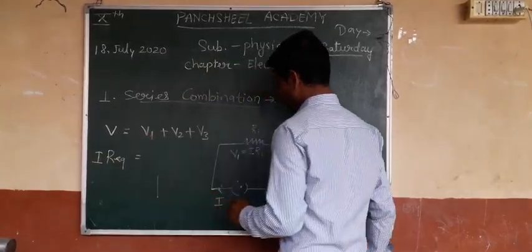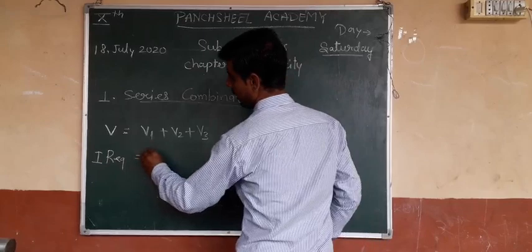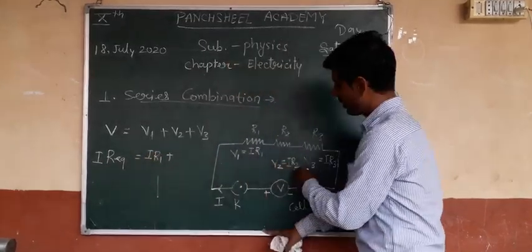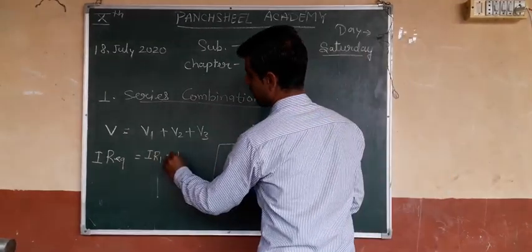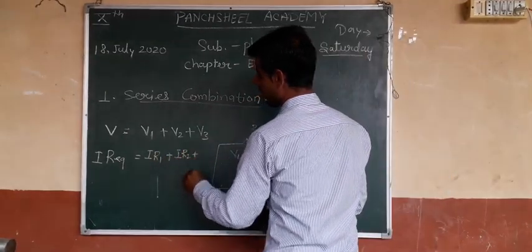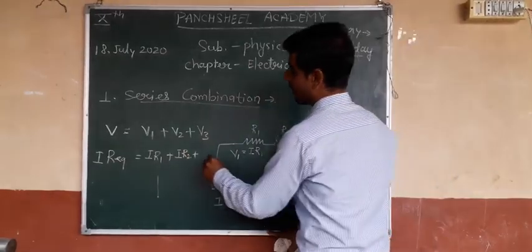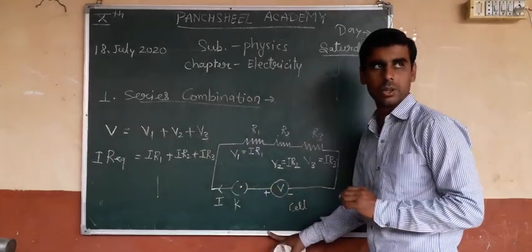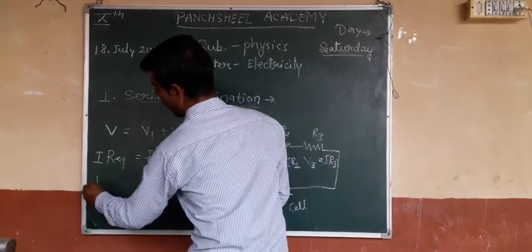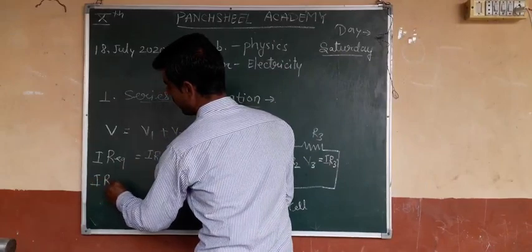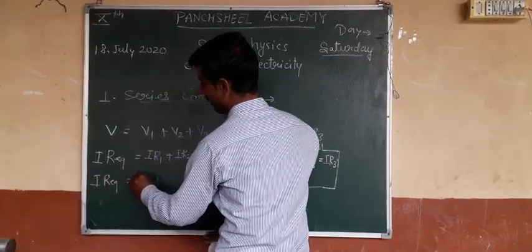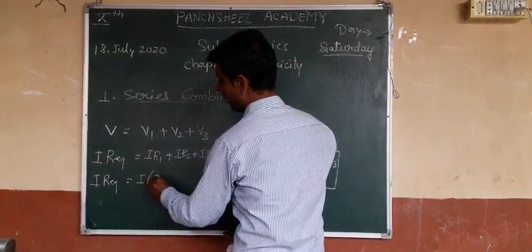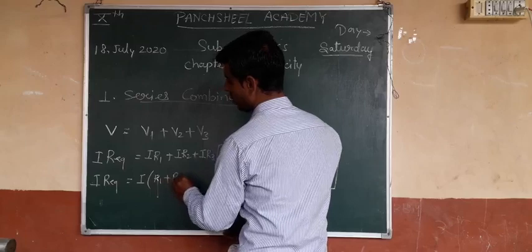Now V1 is IR1, plus V2 is IR2, plus V3 is IR3. So I R equivalent equals I common, in brackets R1 plus R2 plus R3.